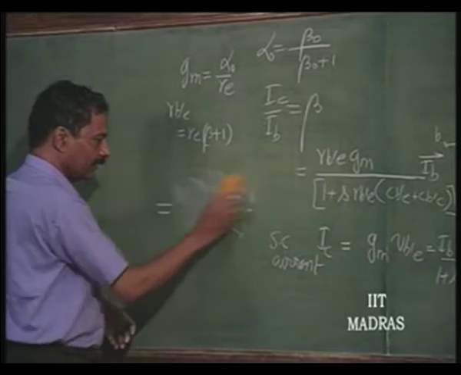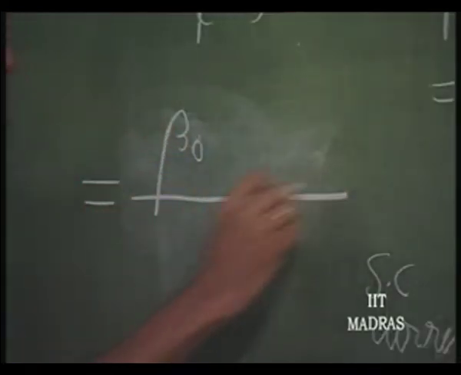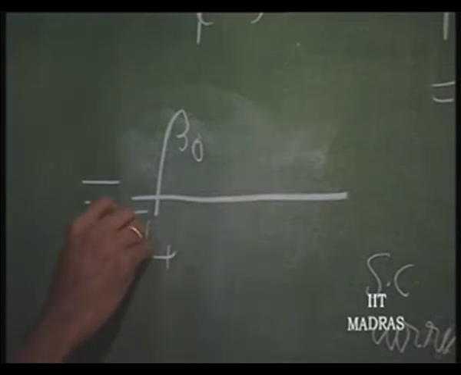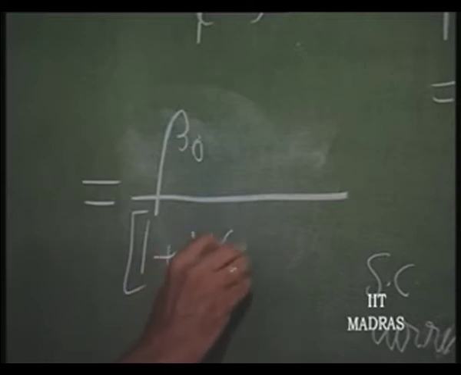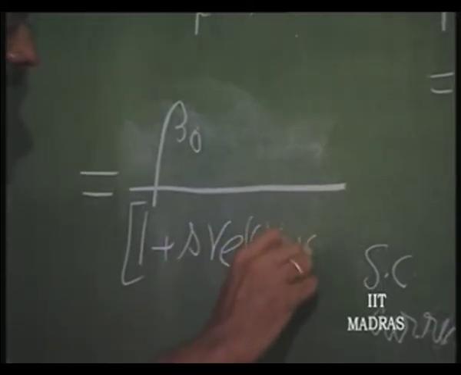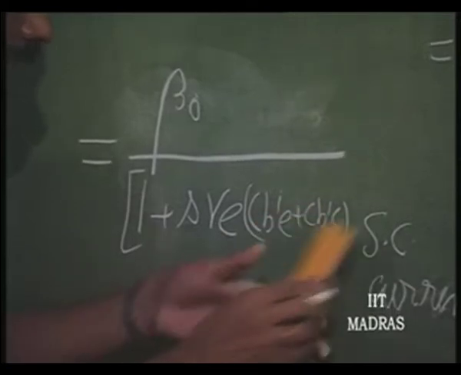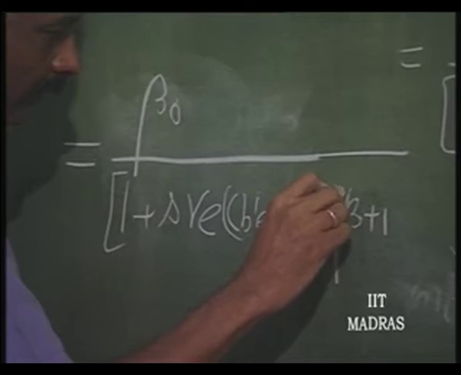So, we can just say that this is equal to beta naught divided by 1 plus s into, now rb'e is re into beta plus 1, so we will put that, Cb'e plus Cb'c into beta naught plus 1.